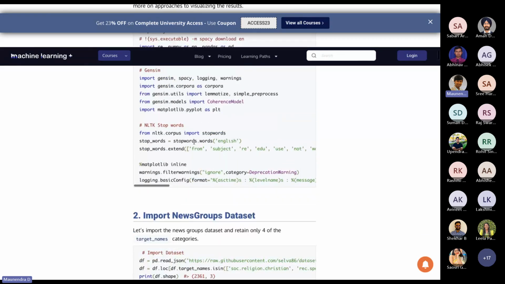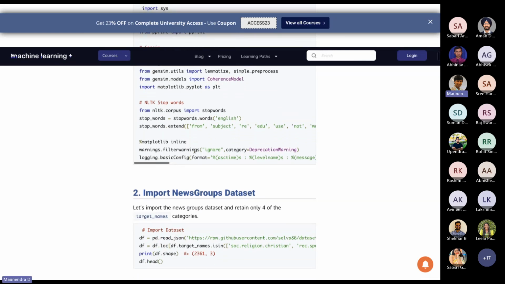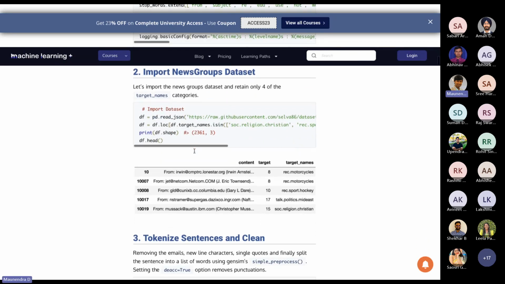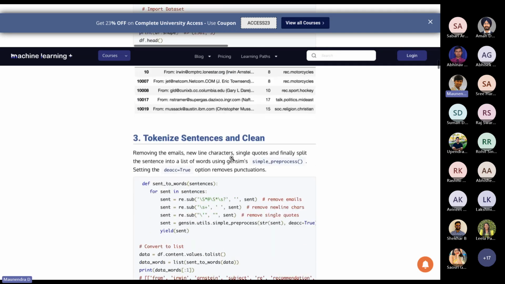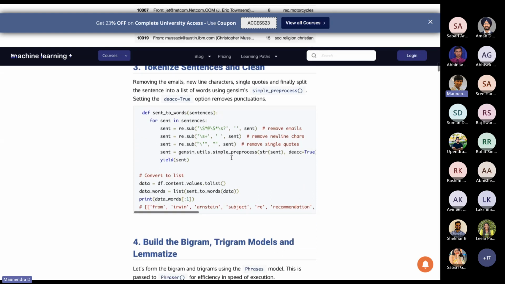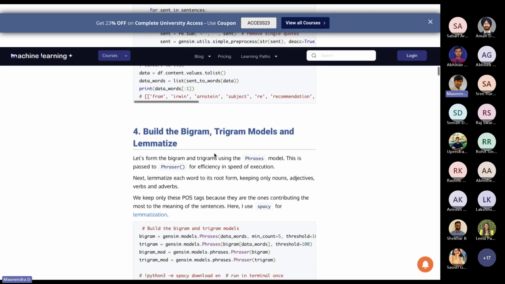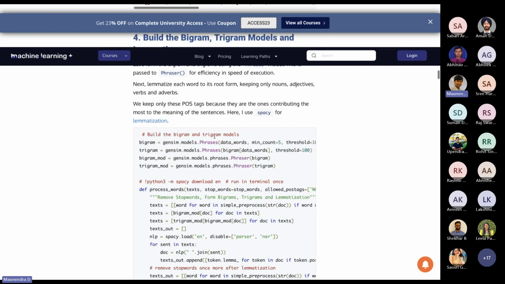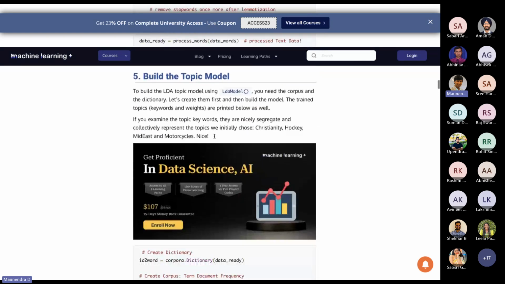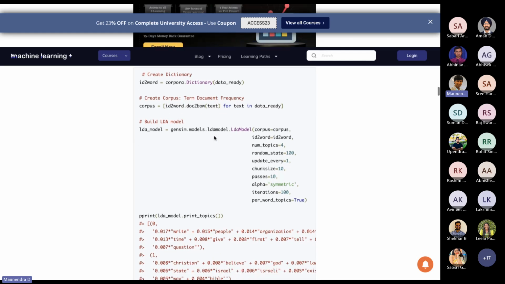So here, this is about importing things and so on. This is the data set that is being read and put into a data frame, and this is tokenization, and then bigram and trigram models, and they do lemmatization, and this is the topic model building part.